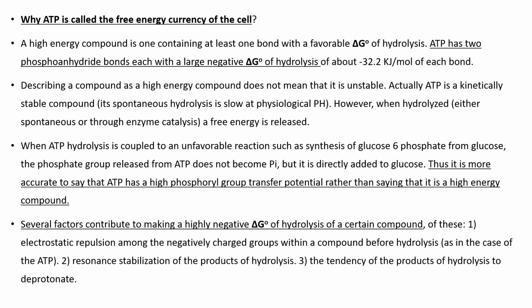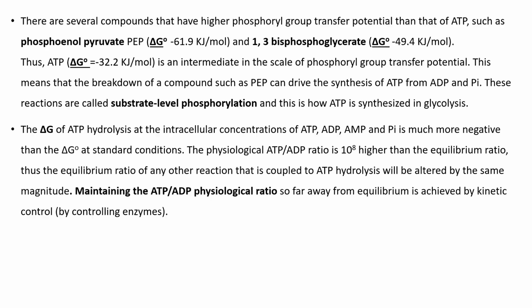ATP has three phosphate groups, and there is considerable repulsion among these phosphate groups. This makes the ΔG°' of hydrolysis of ATP large and negative. The second factor is the resonance stabilizing the products of hydrolysis. The third factor is the tendency of the products of hydrolysis to deprotonate.